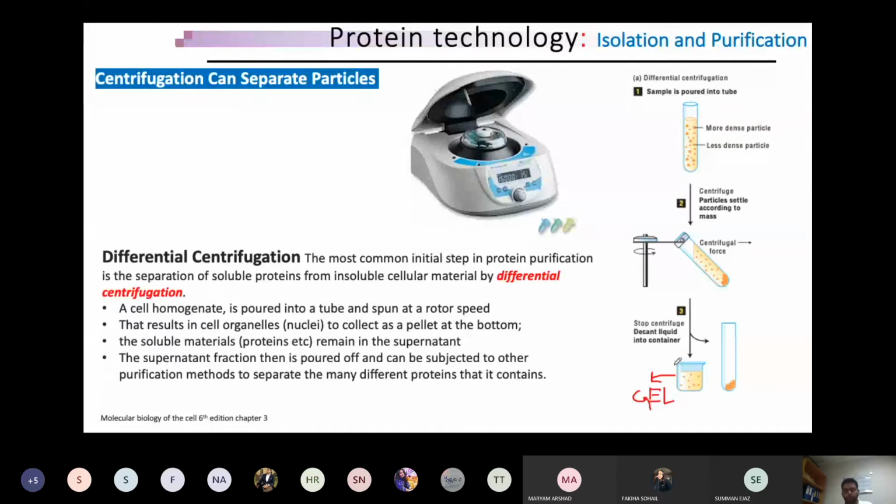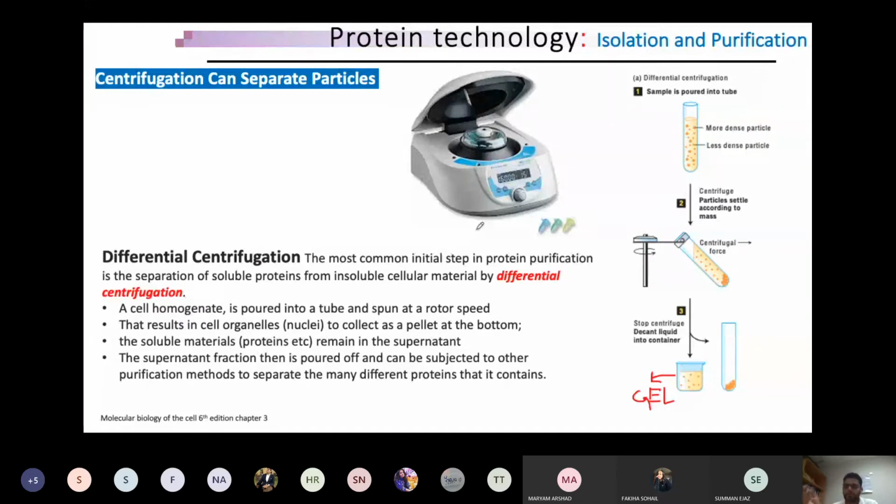So you see, you can sequentially do centrifugation one after the other in order to take your protein of interest out of that. This is just a normal centrifuge machine present in any lab. Normally, the centrifuge machines present in our lab run at a maximum of 10,000 to 15,000 RPM.